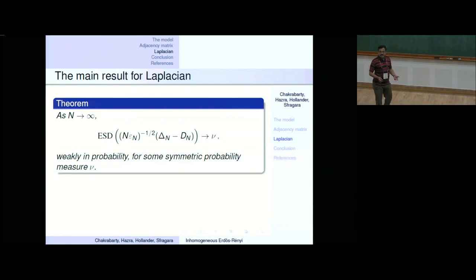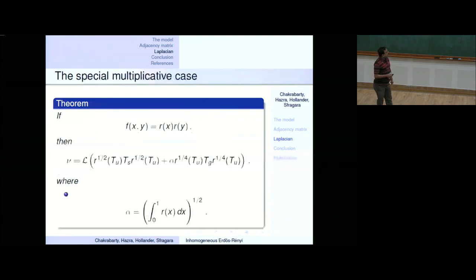We could give a description only in the very special case of the multiplicative structure, which I come to now. So if fxy has this structure rx times ry, then nu is the law of r to the half Tu times Ts r to the half Tu plus a constant times r to the 1/4 Tu Tg r to the 1/4 Tu, where alpha is this number.